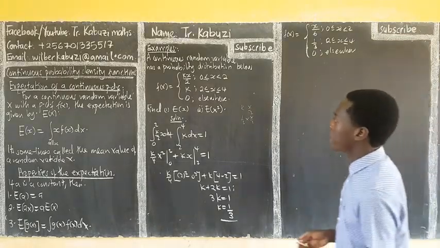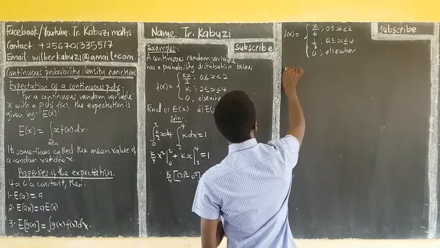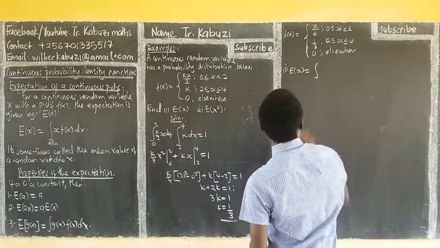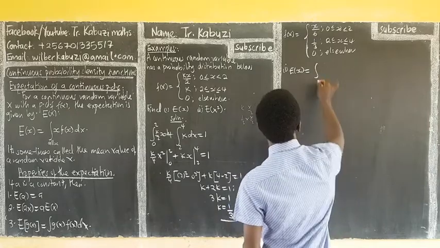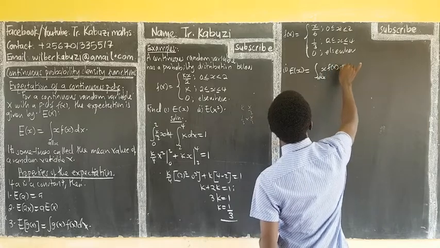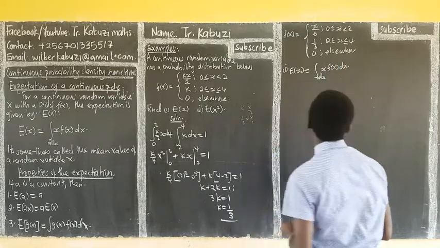Now, to get the mean, the expectation, remember E of x is the integral over all x of x times our PDF dx. What does it mean?